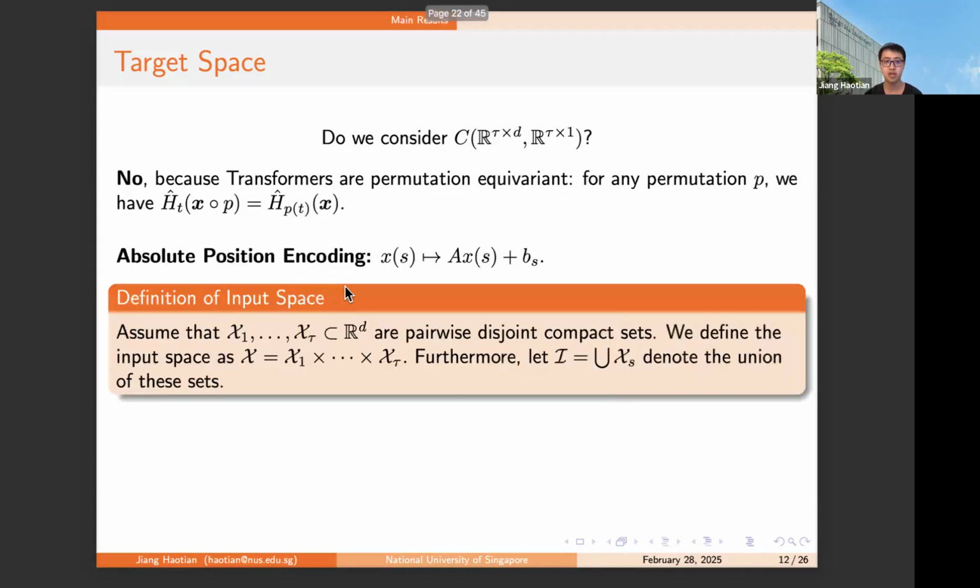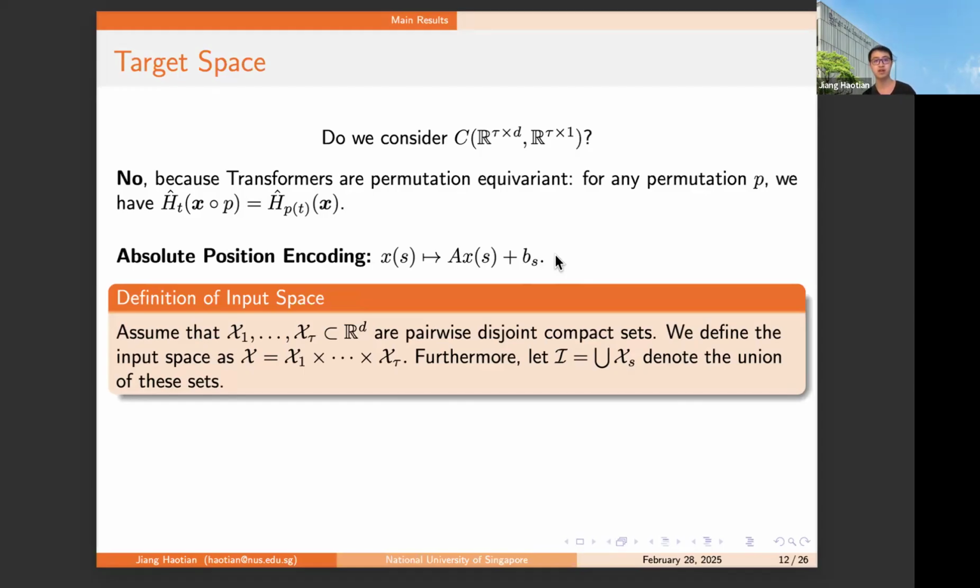In general, the simplest solution is to add a position encoding. Here we consider the absolute position encoding, a time-dependent vector added to each time token of the input sequence.